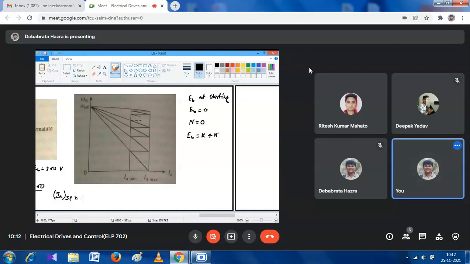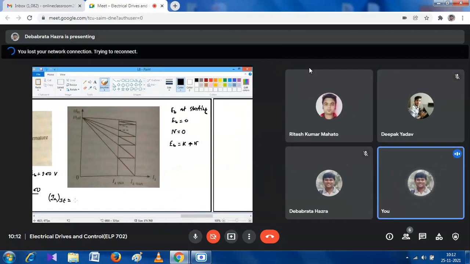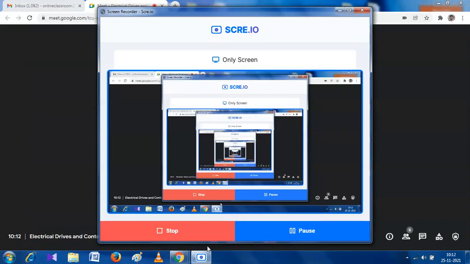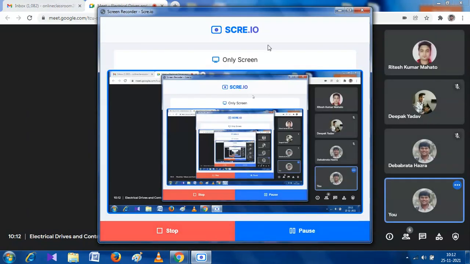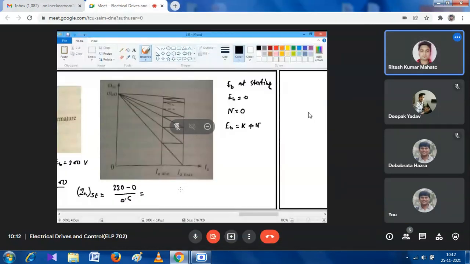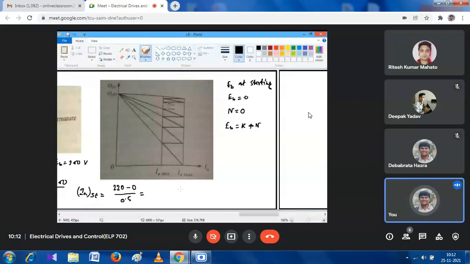That means the situation is like without a starter. That means the motor is running without a starter. So what is the starting current at that time?